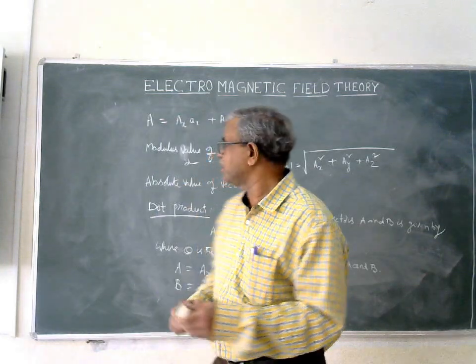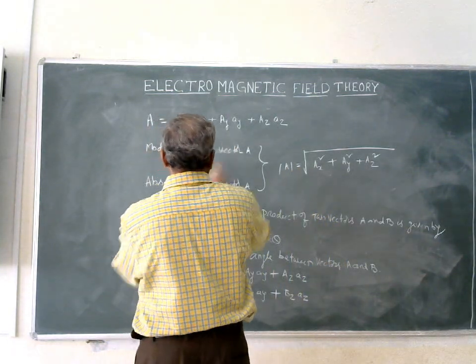Now we will find out the dot product of these two vectors.